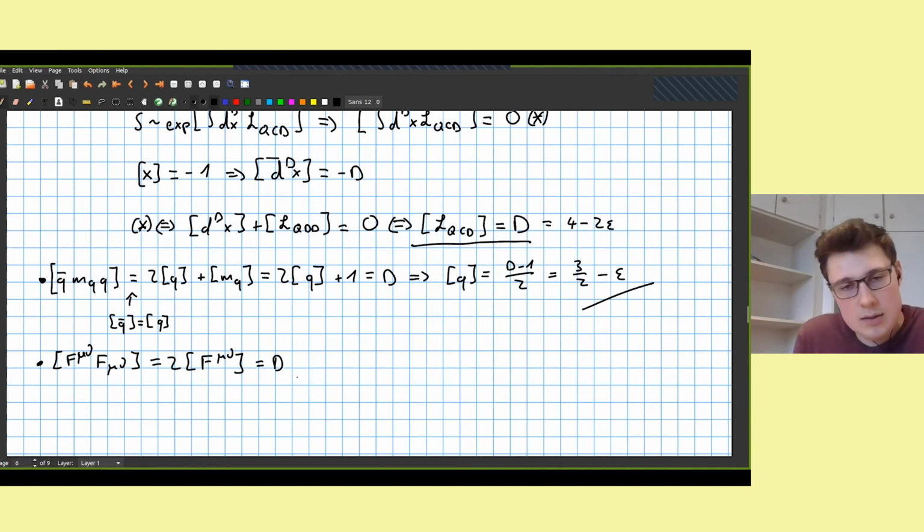This is again d. So now we use the relation that we already derived earlier. We use that F mu nu is given in terms of the commutator of the two covariant derivatives divided by g twiddle. Okay. Why this twiddle?